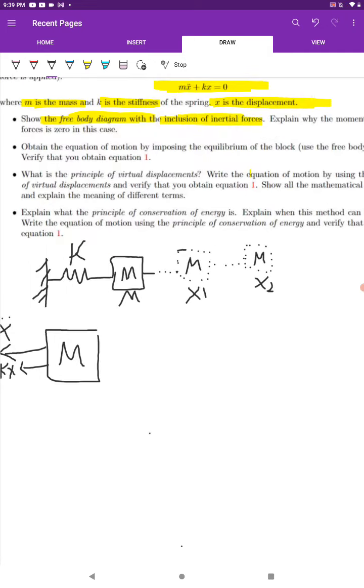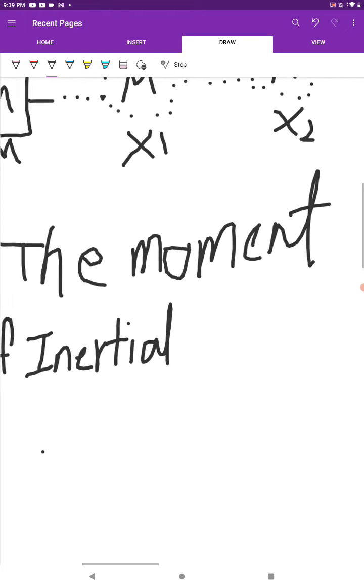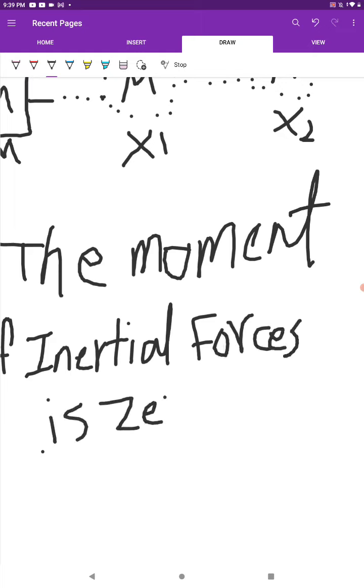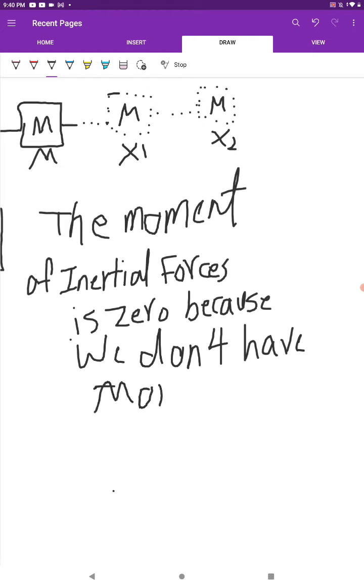So the moment of inertial forces is 0 because we don't have moment acting on the arm.